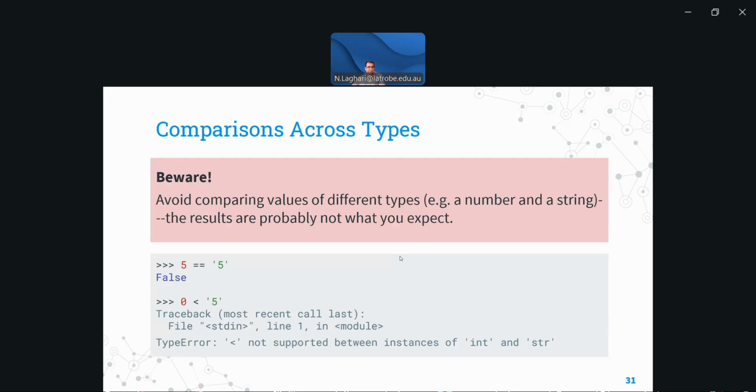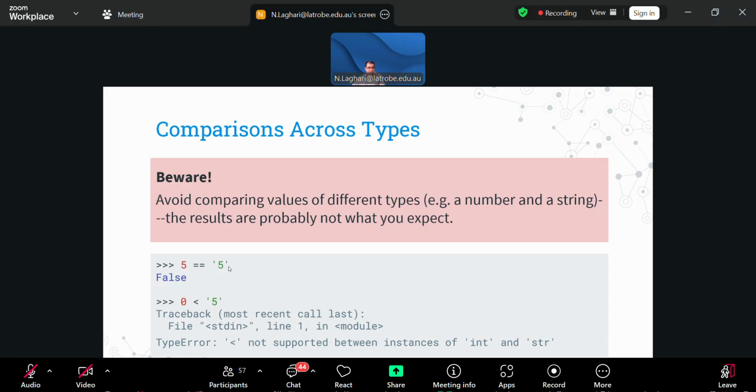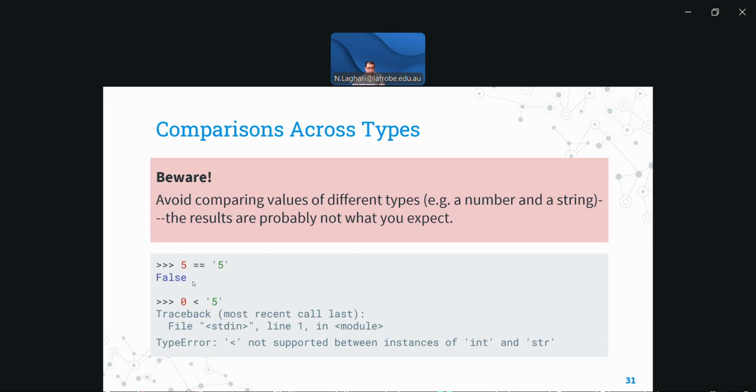Moving forward. When we are comparing, sometimes we are able to compare values, but sometimes they can give us errors. For instance, comparing an integer with a string value with the equality operator returns false because they are not equal.